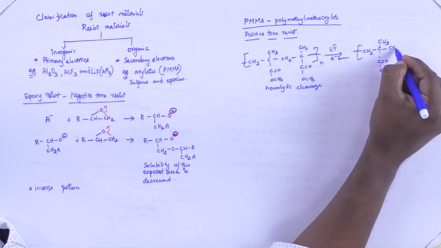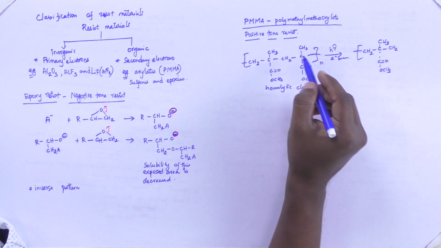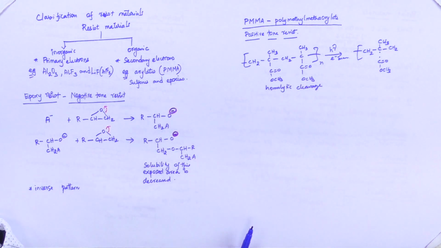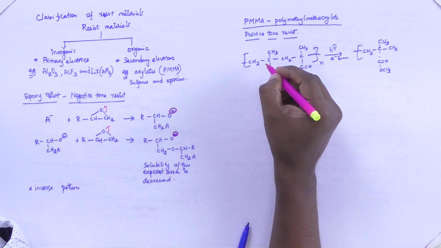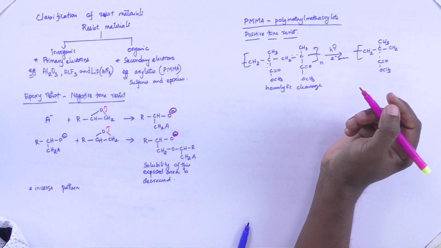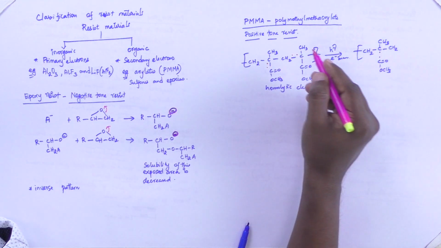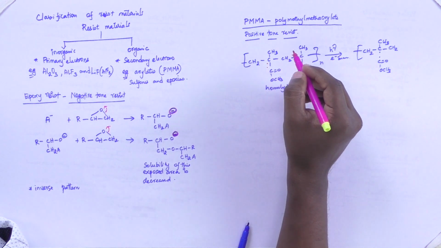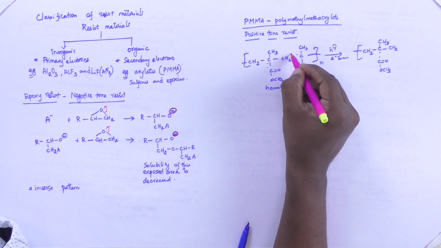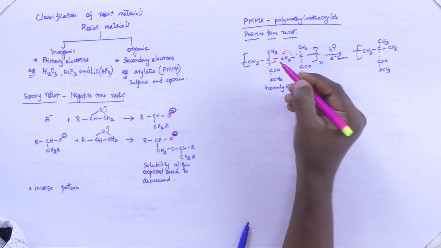And in the next carbon, similarly homolytic cleavage happens here, and this will produce again two electrons. So here you get two electrons and here you have two electrons. So this is broken and taken away by this carbon and this carbon, and here this electron comes here and this electron goes here.